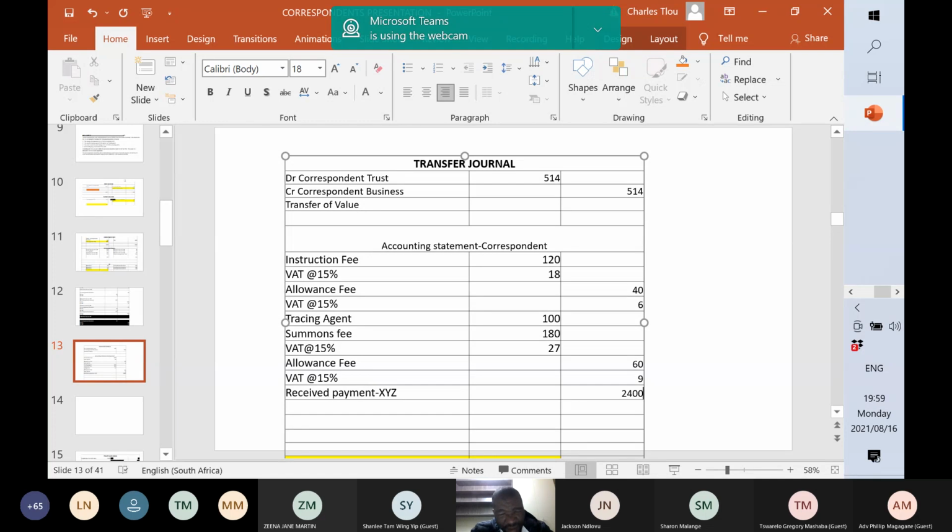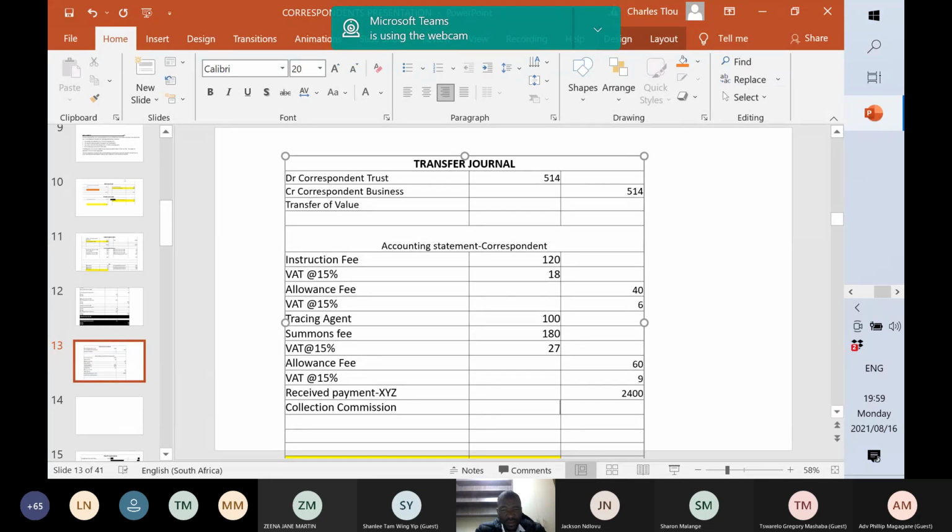Money received always goes to the credit side. And because it's money received, remember I said every amount that you receive, you must calculate the collection fee. Therefore, you say collection commission, and how much is the collection fee of 2,400 rand?